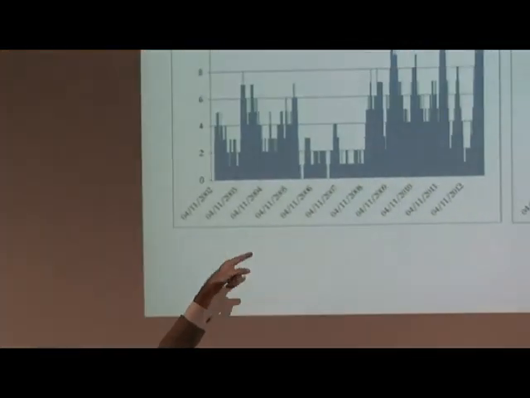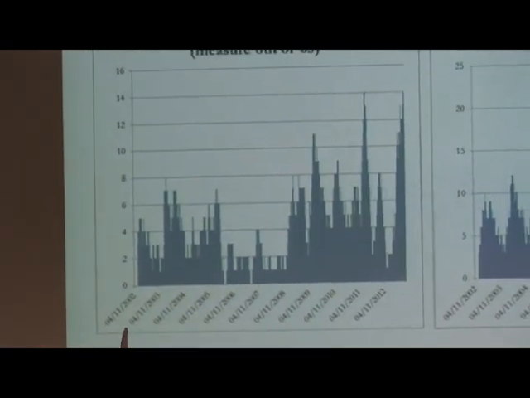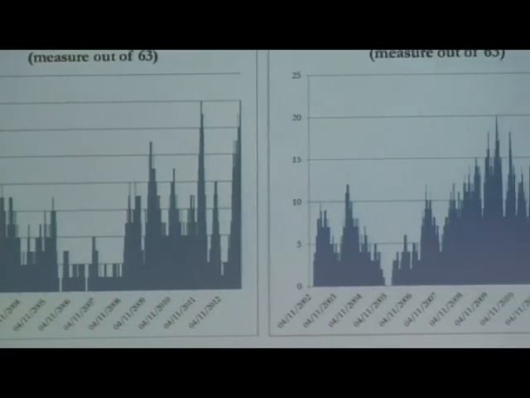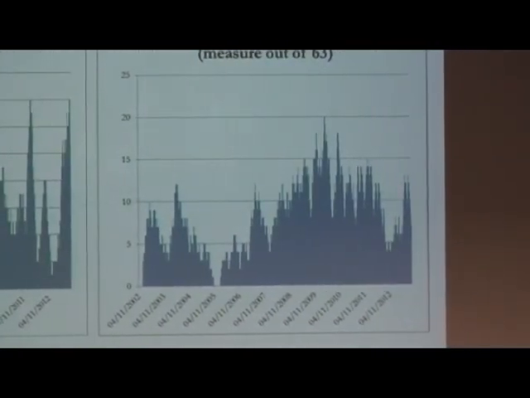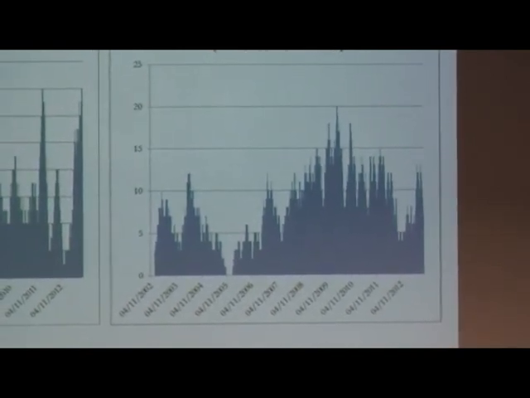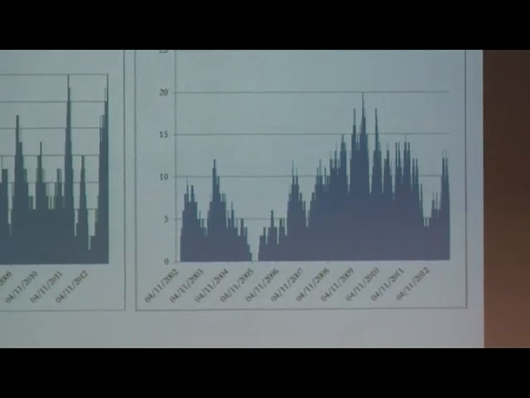So I tally up the number of days over a working quarter where they're doing this, and you can see some quite interesting trends here. This is the chart from 2002 for both of them. For gold we're up there at 14, and for silver we're not as high as we were in 2008 when we were at $50 or whatever it was back then, but we're on our way back up again.